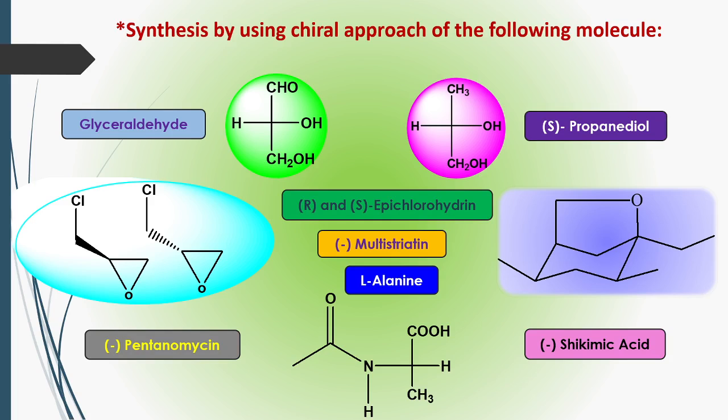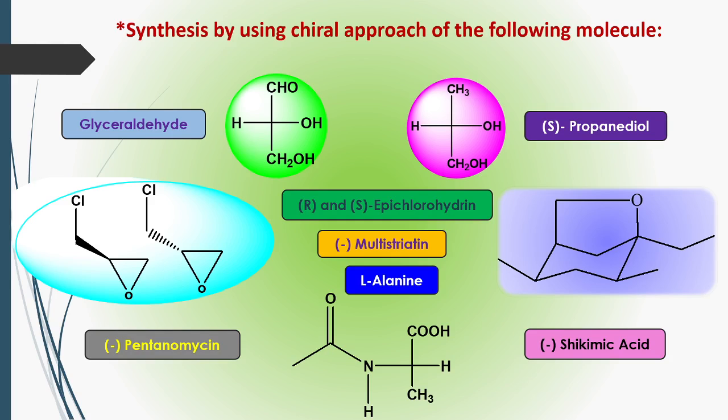So in natural product synthesis, the starting material or the chiral precursor we are going to use is naturally occurring, chiral, optically pure compound. The carbohydrate, amino acid, and terpenes are the naturally occurring chiral precursors. Hence, we use the carbohydrate or amino acid for the synthesis of these natural products.